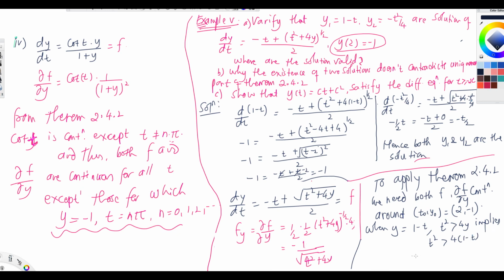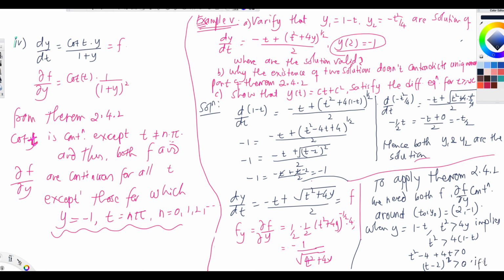You bring everything to the left side, and you get t square minus 4 plus 4t is greater than 0. You can write that as t minus 2 squared is greater than 0. So when is this greater than 0?